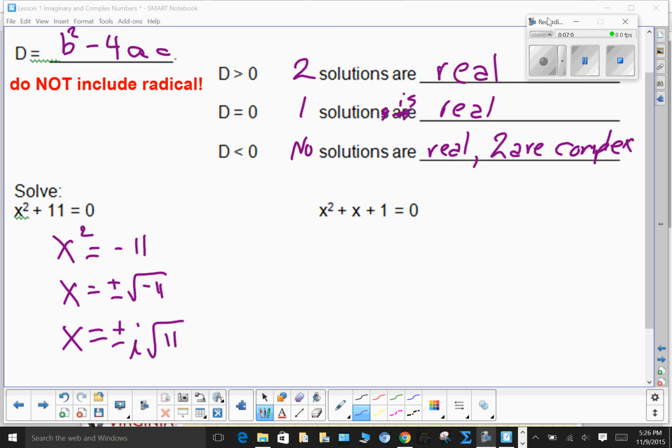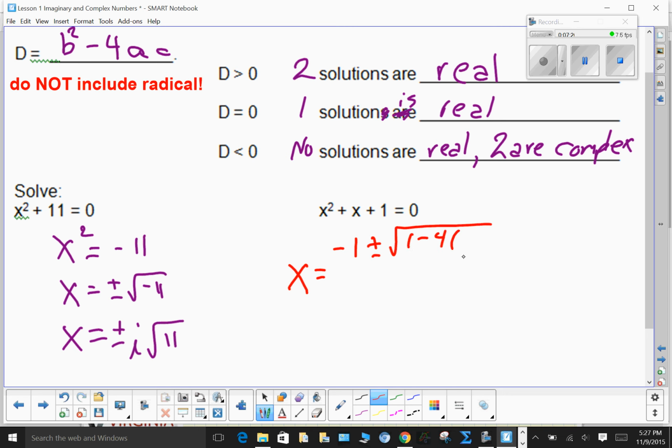Okay, on this next one, over here on the left, we got our answer. This one I can't factor and I can't solve using square roots, so I'm going to need to use the quadratic formula. So x is going to be equal to negative 1 plus or minus the square root of 1 minus 4 times 1, that's a and c, all over 2 times a, which is 1.